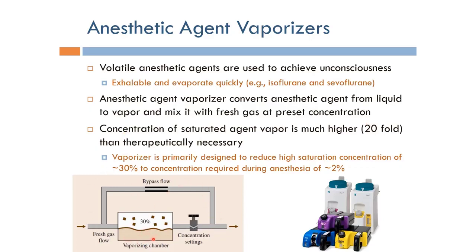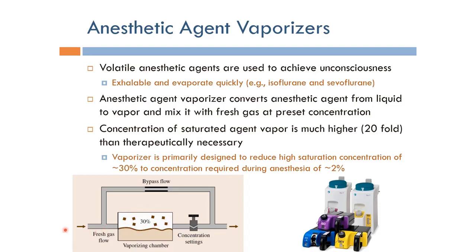Basically, we have the anesthetic agent right here, and on top of it, because it can evaporate very quickly, you will find that the concentration of the anesthetic agent vapor will be almost 30%.